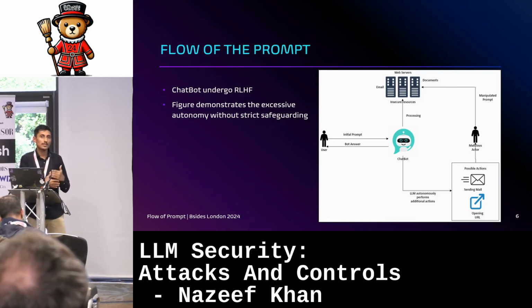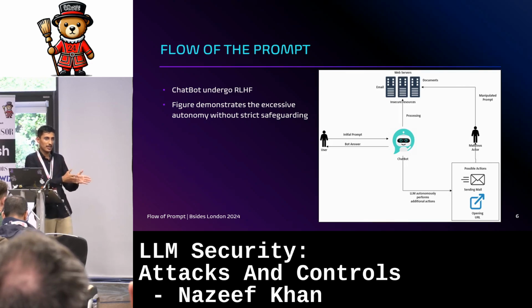We already know that LLMs are pre-trained with a large amount of data, so you always need some sort of human interaction to correct them, because LLMs are never always right. You want to train your model with human interaction to guide it in the right direction: this is right, this is wrong, all that sort of stuff.